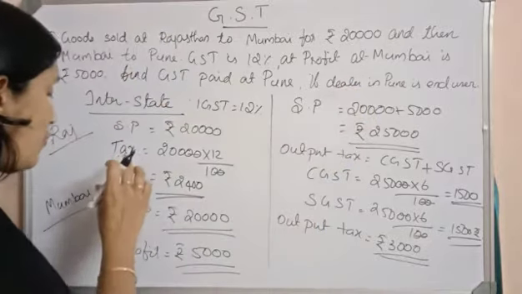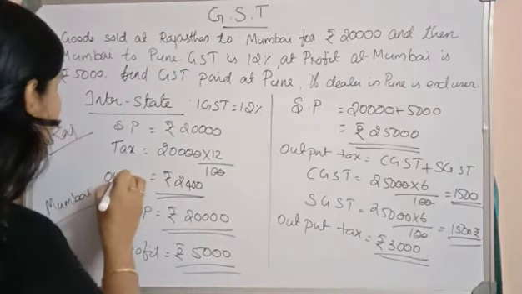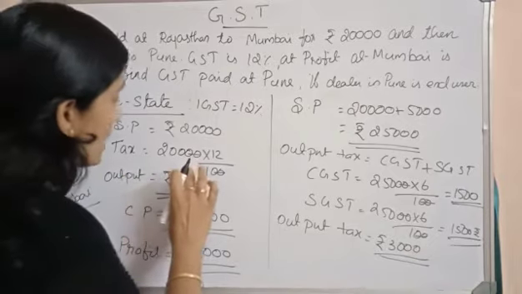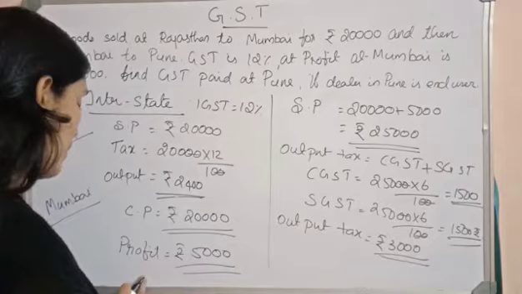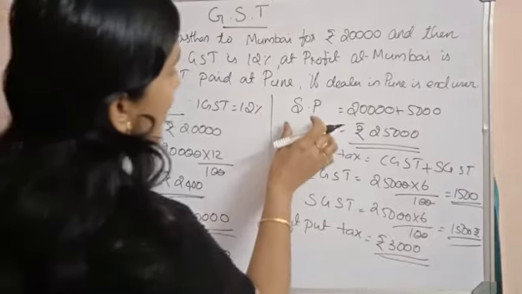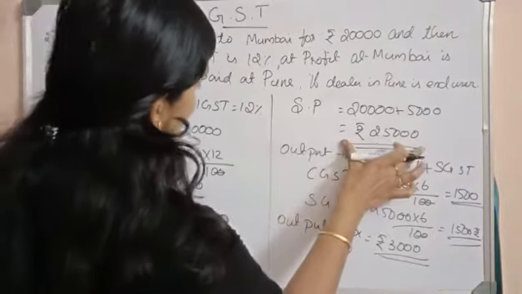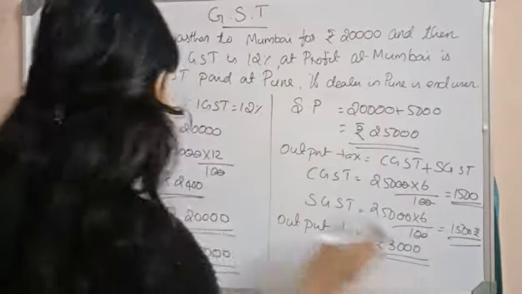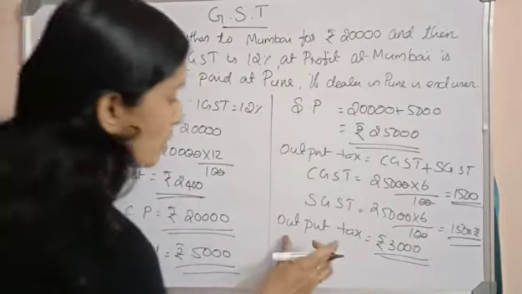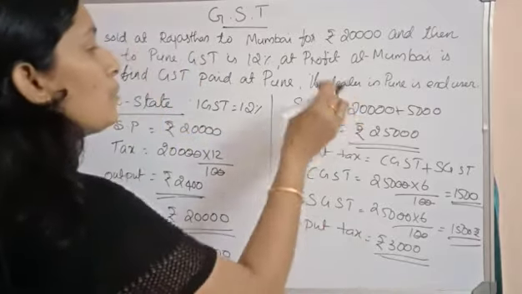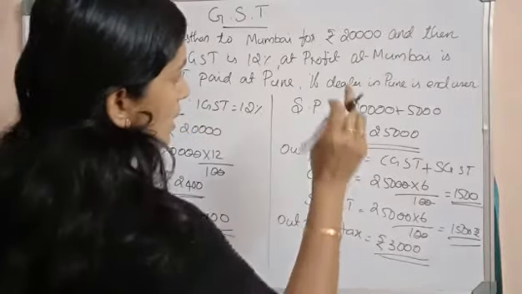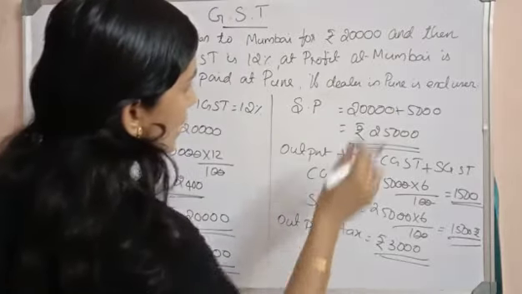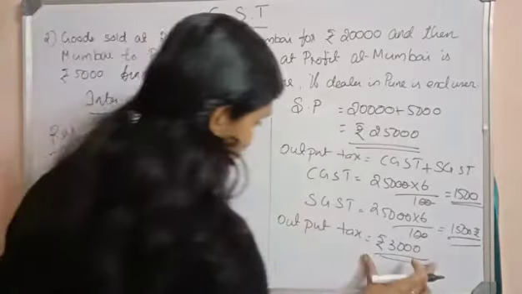Here also we found the output tax as rupees 2400, and this was the input tax for the dealer in Mumbai, and while making a sale for 25,000 rupees, we found the output tax as rupees 3000, that is at Mumbai. The output tax at Mumbai is same as the input tax for the dealer in Pune. Therefore, the input tax for the dealer in Pune is rupees 3000.